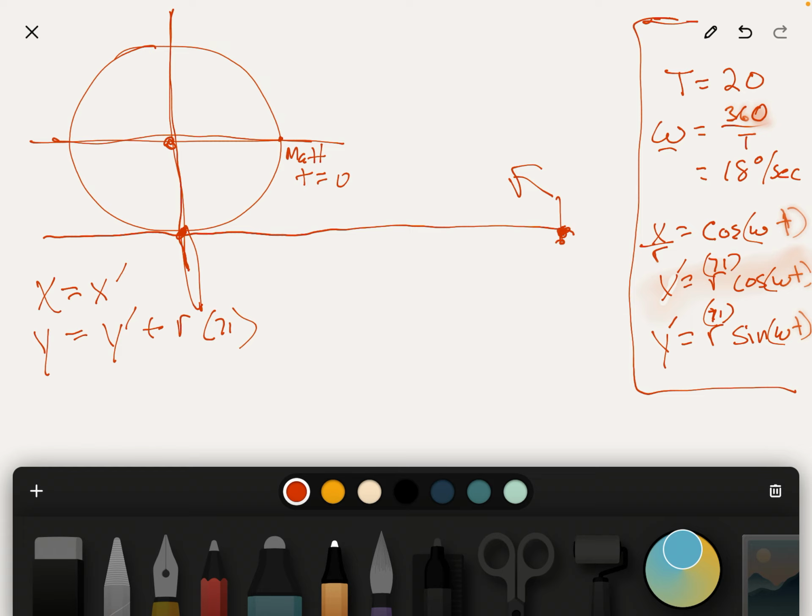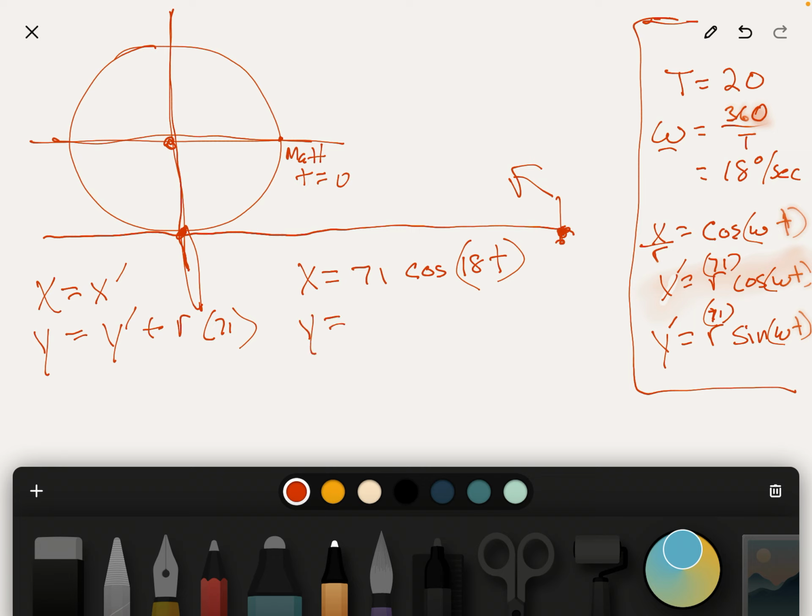So let's write out our parametric equations. x equals simply 71 times cosine of 18t. And again, we're just working in degrees. I'm kind of sloppy with the units, but that's okay, because the units are all going to work out fine.